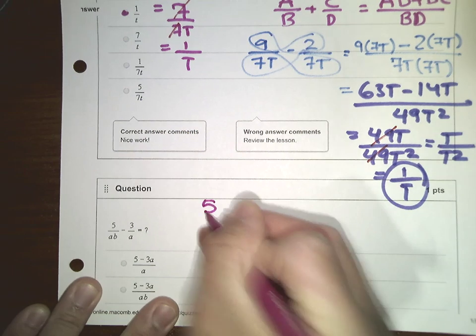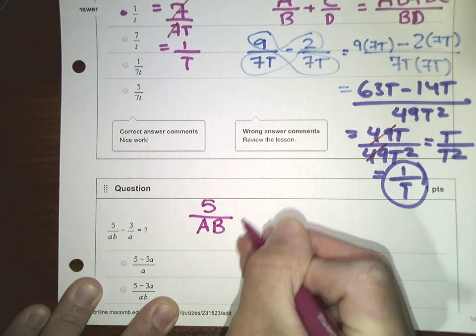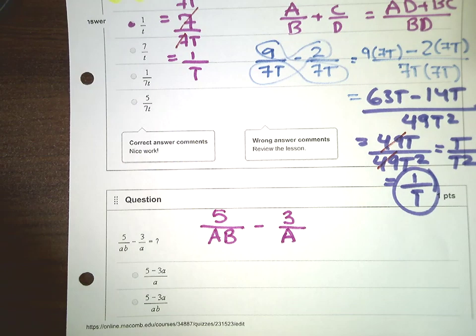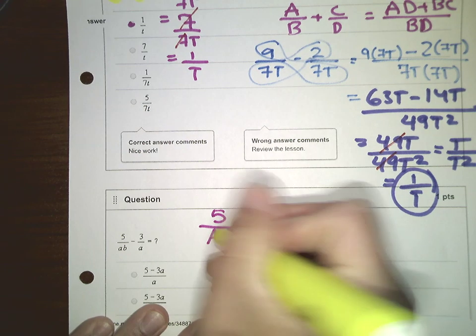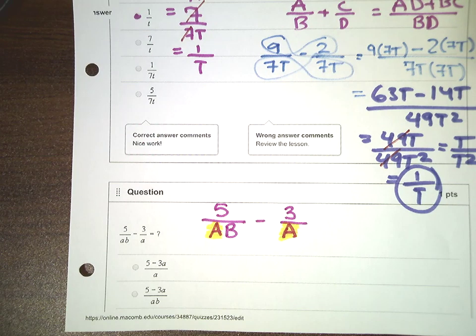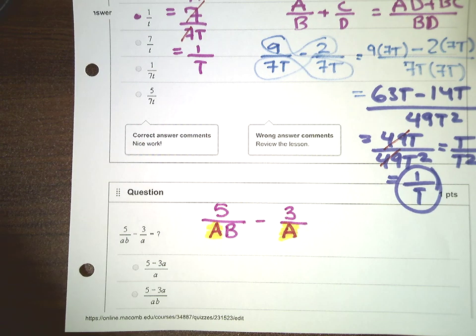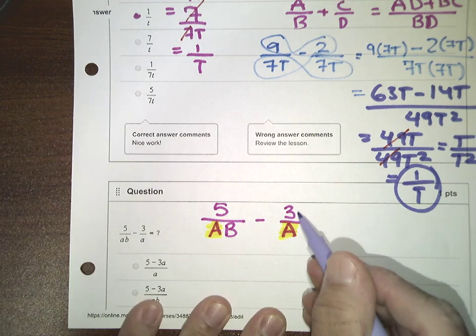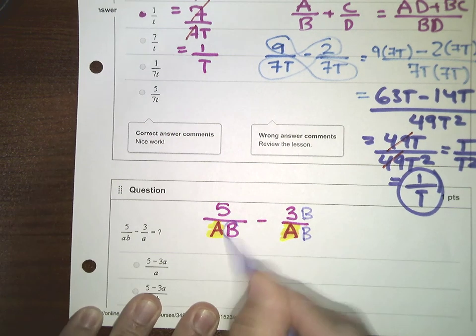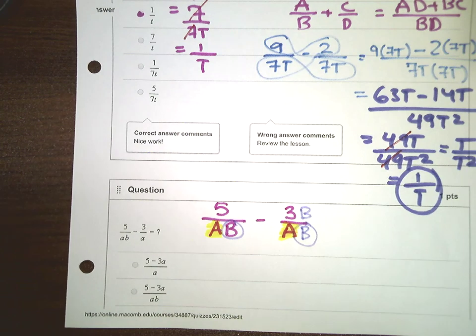So if I have 5 over AB minus 3 over A, I see that both of the denominators have an A, but now I want them both to have a B also. So I can multiply the 3 over A by B over B. So now they both have AB as their denominator.